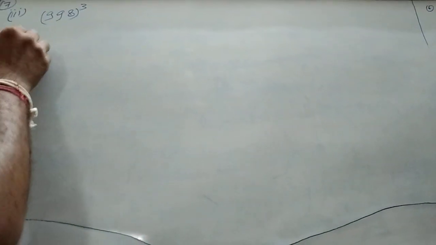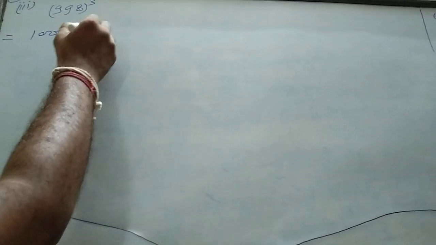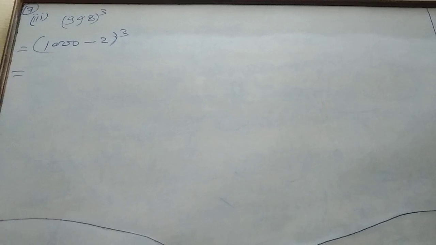Last part of question number 7: 998³. This can be written as (1000 − 2)³.